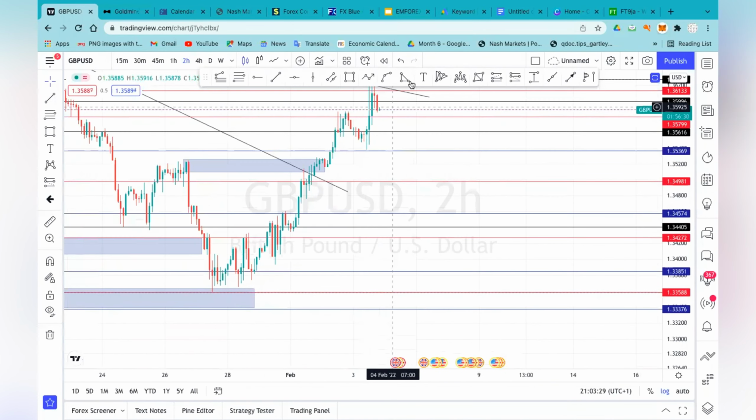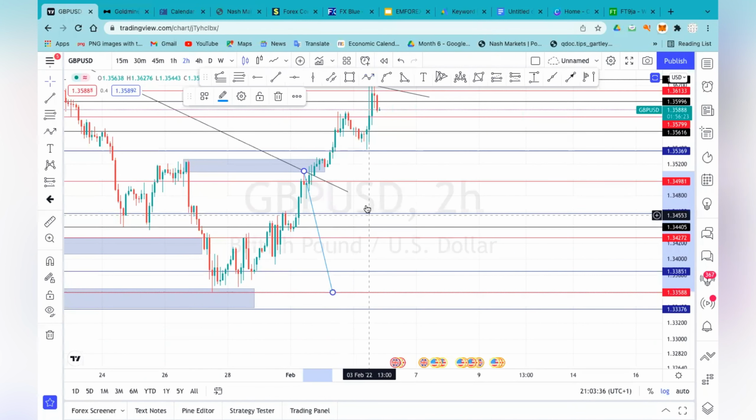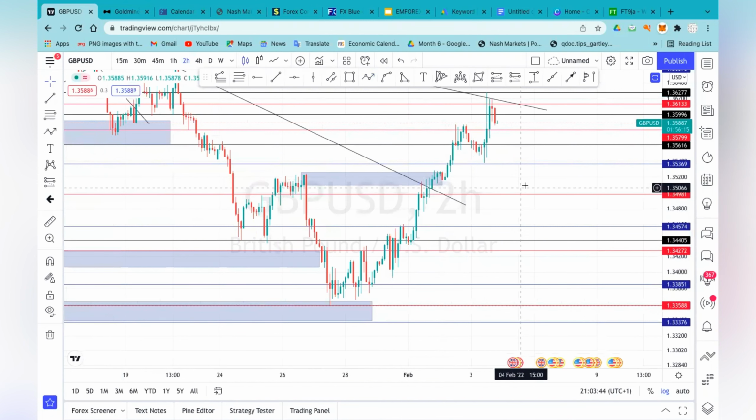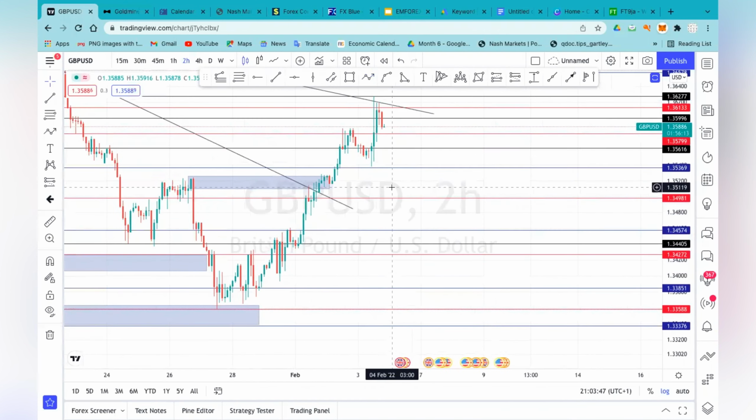Most people would have expected a short from here, which is a trade that we could likely expect, but the market didn't actually go in our direction, but rather went against us. So it's nothing to fight over, it's nothing to kill ourselves for. It's just part of the game. Losing is part of the job description.